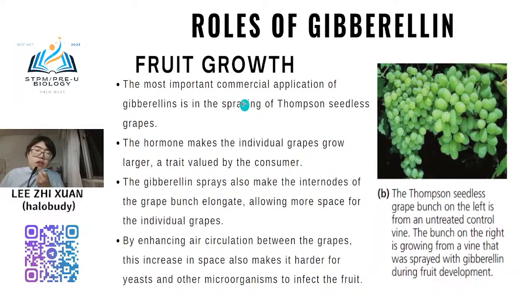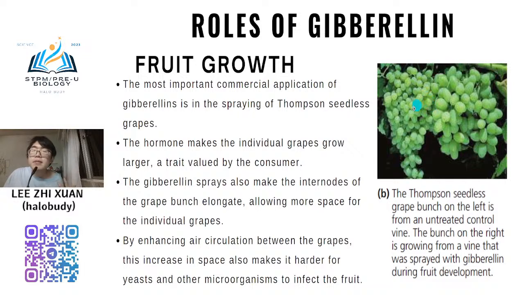A very common important application of gibberellin is spraying grapes. One of the applications of gibberellin is with fruit that is not yet mature. They cut it down from the trees, and then pass it to the industry or the supermarket, and after it reaches the supermarket, they spray the gibberellin to stimulate the maturing of the fruit.